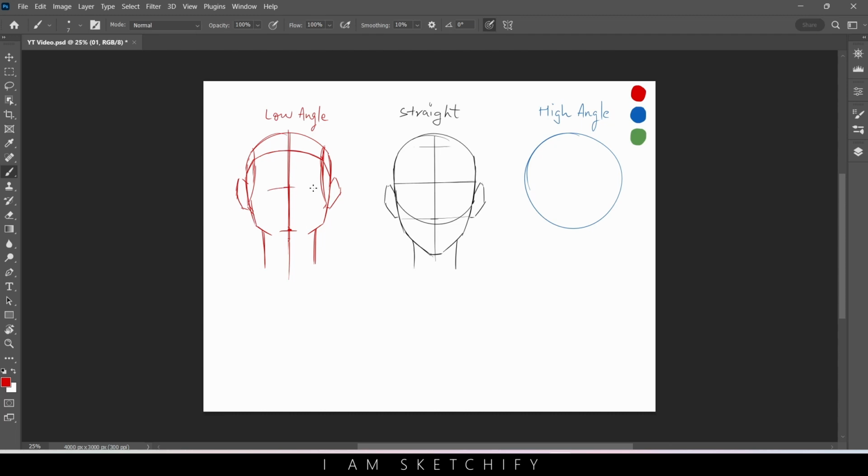Just to make it clear, here is the nose line, the chin line over here, and the eyebrows line. The hairline is not visible as it's away from the view.